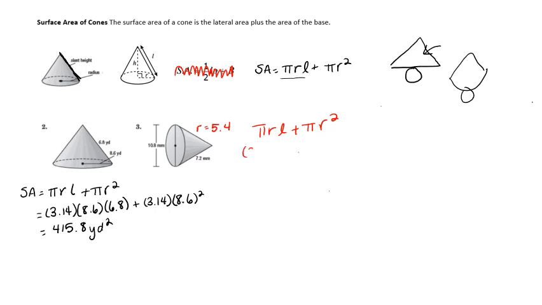Alright, so 3.14 times the radius times the slant height, which is 7.2, plus pi times radius squared. So radius, slant height, and pi is what we use for this.